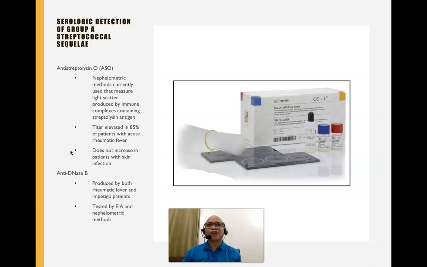Streptolysin S is oxygen stable, and it is responsible for the surface hemolysis on the surface of a blood agar plate. The problem with streptolysin S is that it is non-antigenic, so that's the reason why there's no such thing as anti-streptolysin S, because it is non-antigenic.